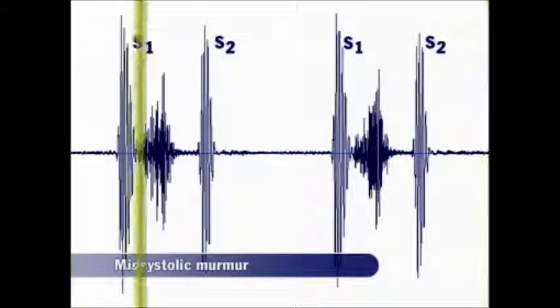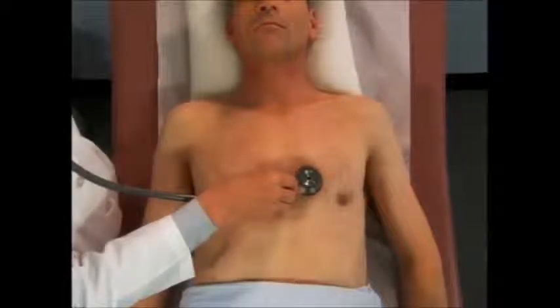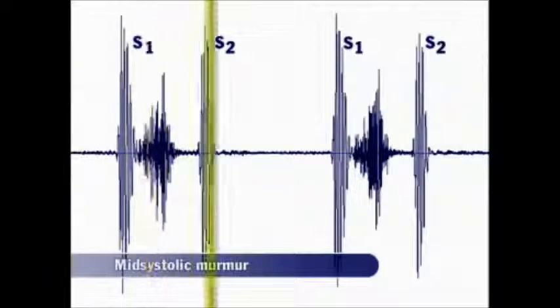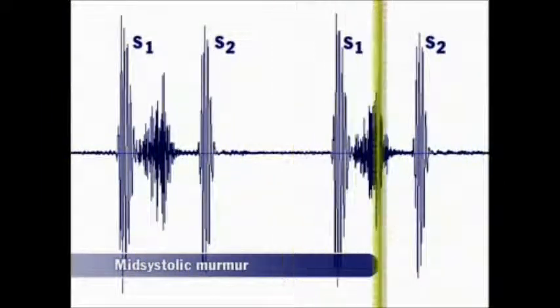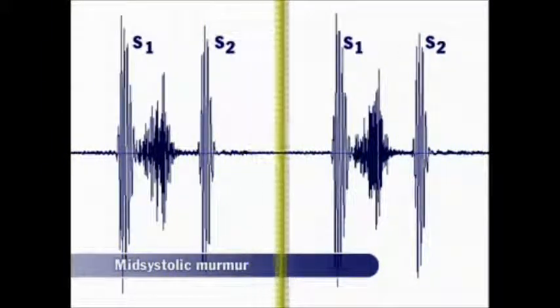Brief gaps are audible between the murmur and the heart sounds. Listen carefully for the gap just before S2. If present, the gap usually confirms the murmur as mid-systolic, not pansystolic.